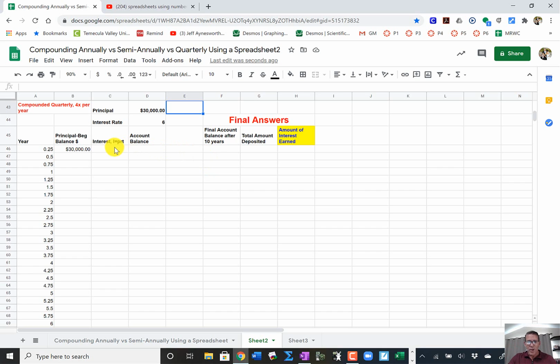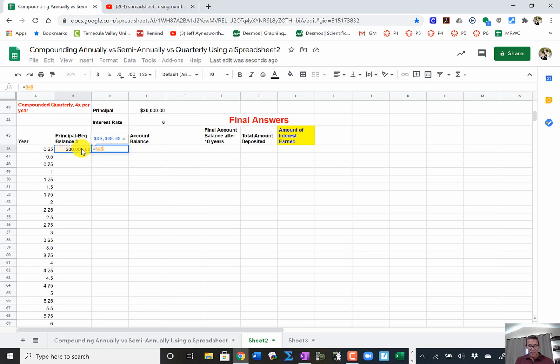So here we go. We have the beginning balance in the first quarter of the year, which is the first 3 months. We let it sit. How much interest do we get? It's always principal times rate times time. So you take the principal, and you set equal to. You always start a formula with an equal sign. You select B46 in this case, and you press Shift 8.